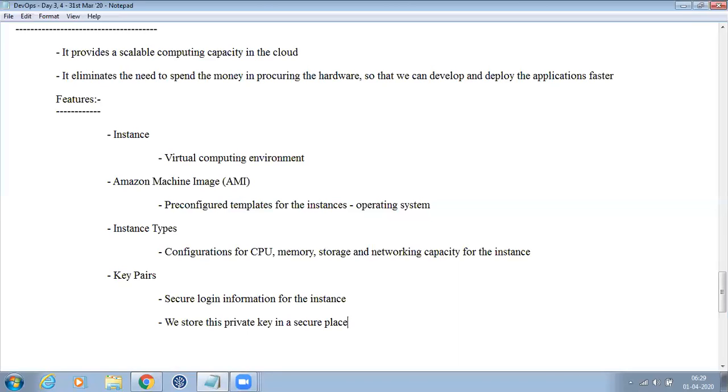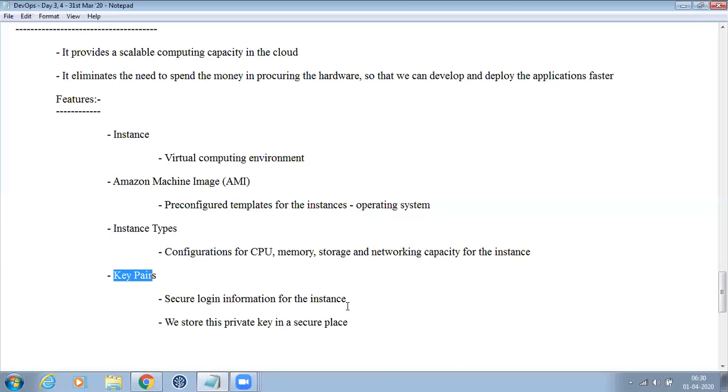So there is a tie between these two, right? There is some connection between these two. So that account or that user who created the instance is tied up with this key pair or password file, which in AWS terms we call a key pair. We have to use this terminology.